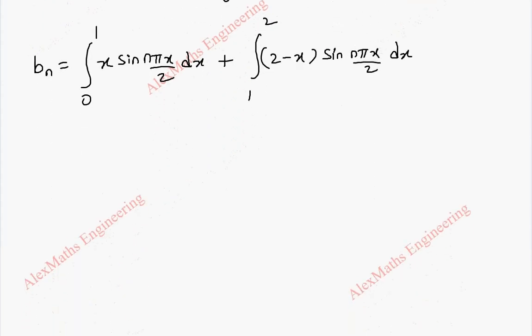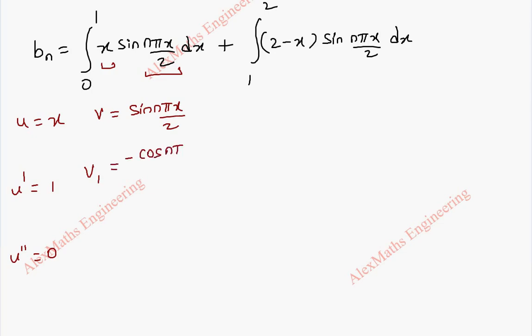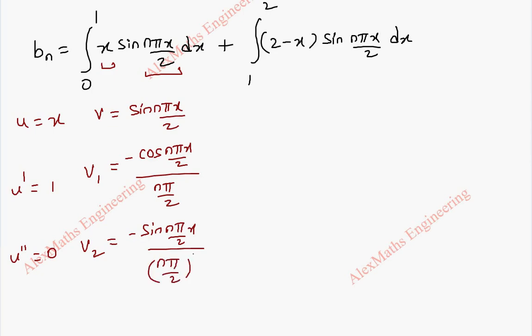Now we are going to use Bernoulli's formula. First part: this is u and this is v. So u equal to x and v equal to sin(n pi x / 2). The differentiation of u is 1, next differentiation is 0. Integration of v, v1, is minus cos(n pi x / 2) by n pi by 2, and v2 will be minus sin(n pi x / 2) by (n pi by 2) whole square.